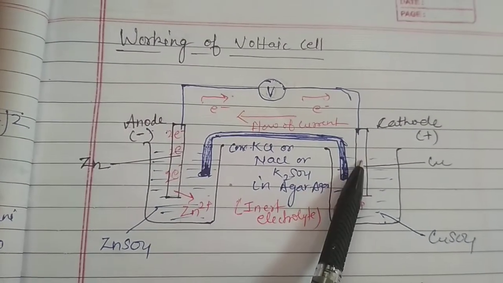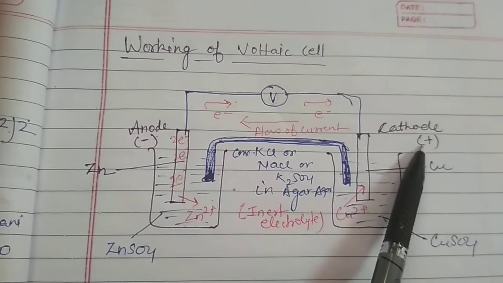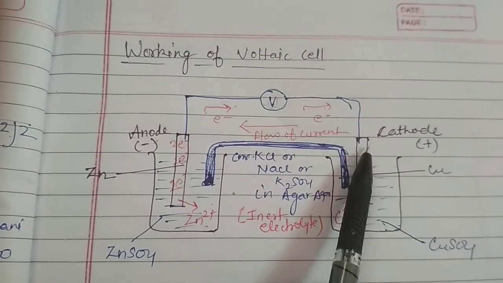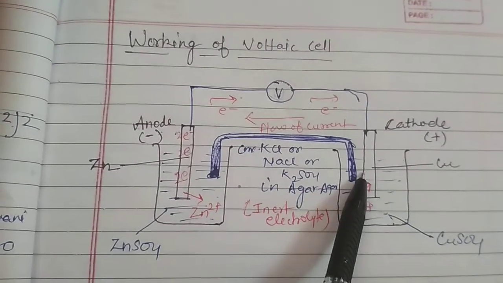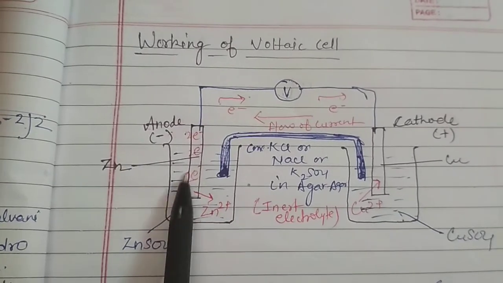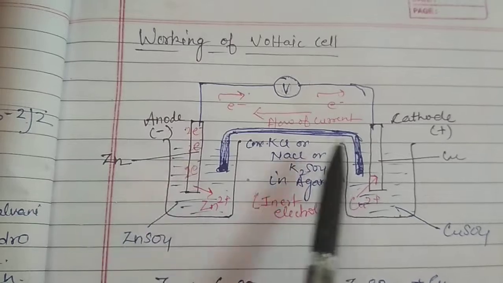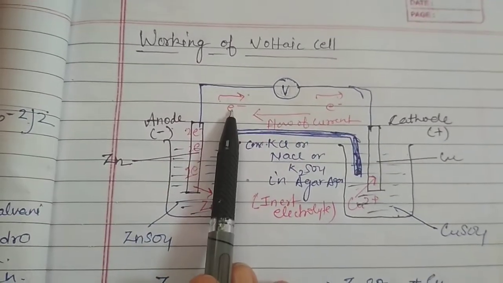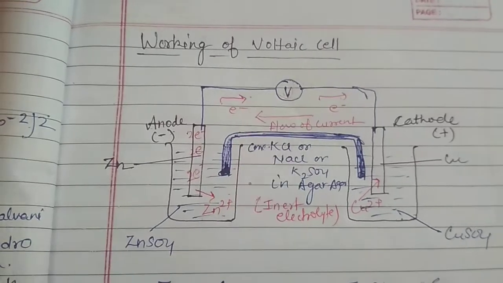As reduction is taking place here, it works like a cathode and would be positively charged. So the number of copper ions would be reduced here. Now we are able to see that as electrons are flowing from anode to cathode, the current will flow from cathode to anode and the bulb will glow.